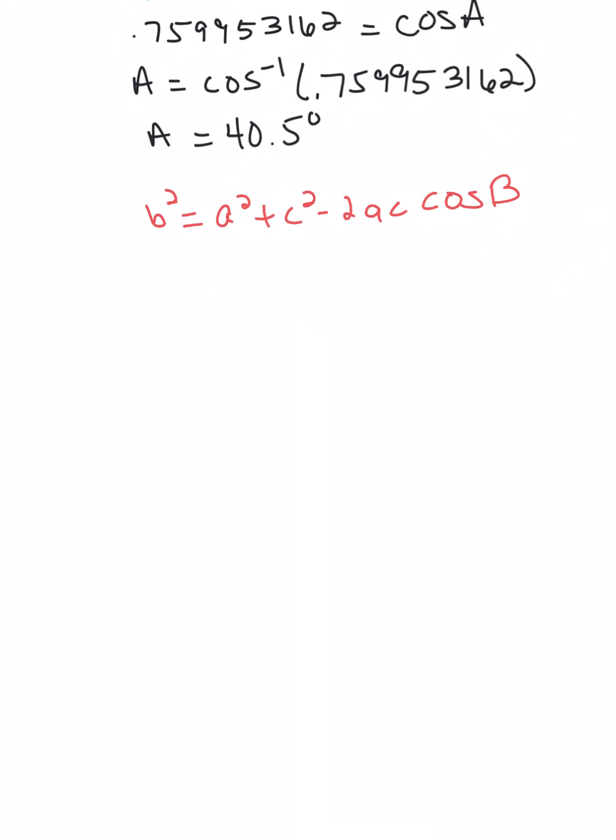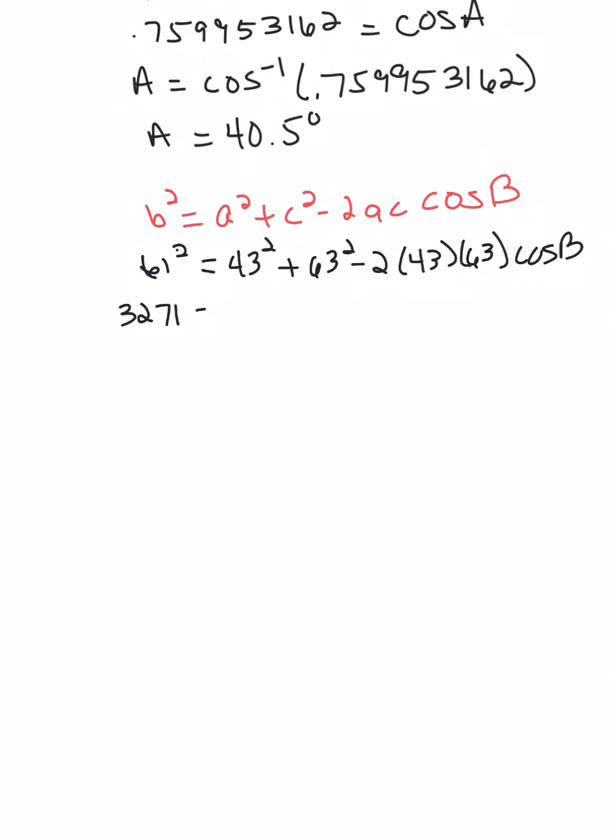Putting our numbers into position, we will have 61 squared equals 43 squared plus 63 squared minus 2 times 43 times 63 times the cosine of B. 61 squared is 3271. 43 squared is 1849. 63 squared is 3969.